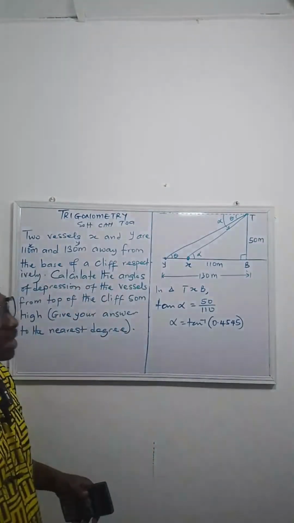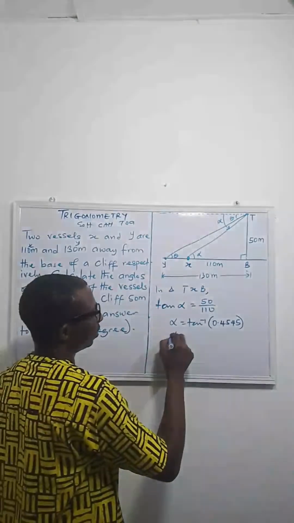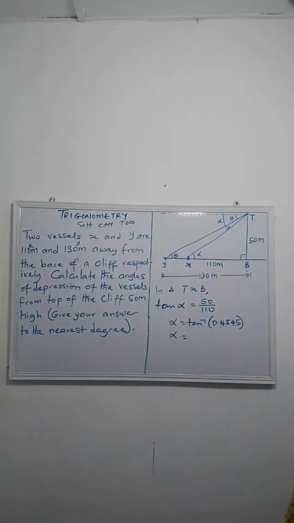So what's going to be the arctan of 0.4545? Can you give us what would that be? So arctan of 0.4545. So who is giving us the answer?